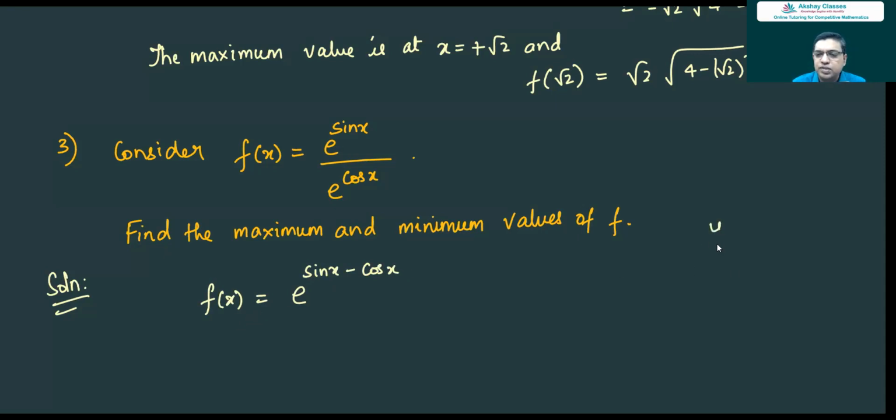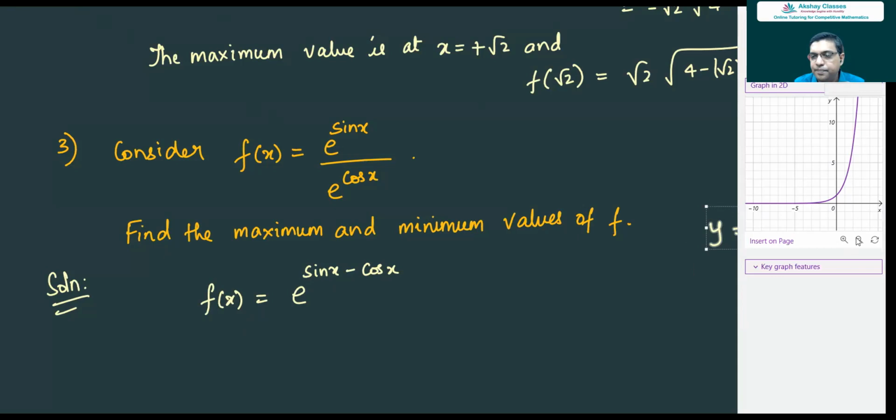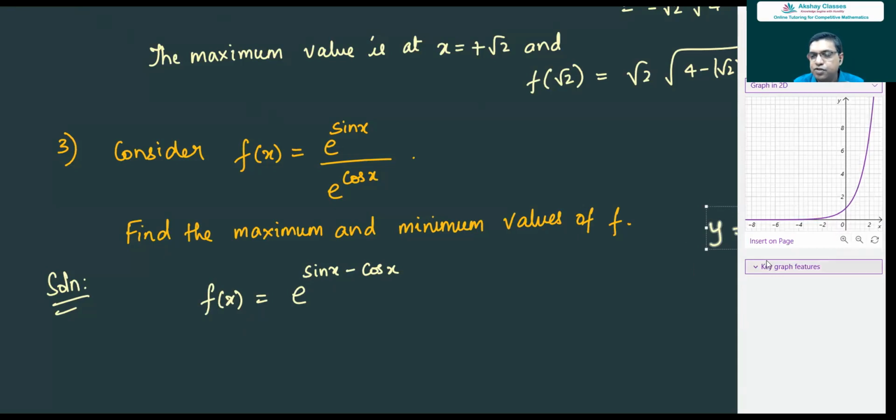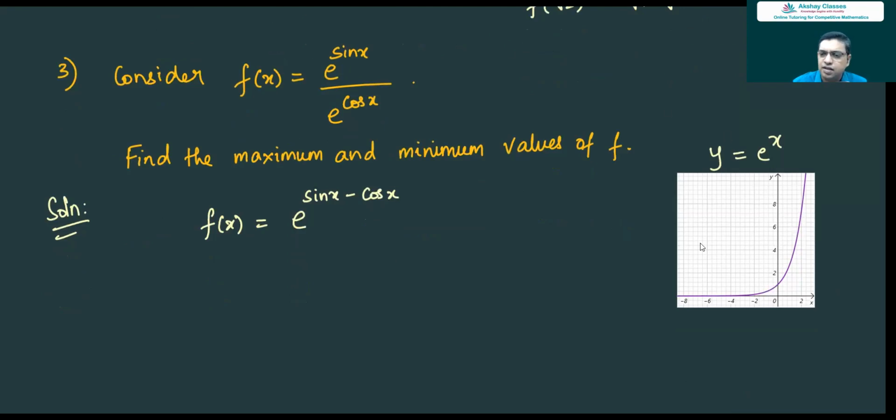Now, we know that an exponential function is an increasing function. So, this is the graph of the exponential function. The exponential function is an increasing function. So, as x increases, e power x increases.